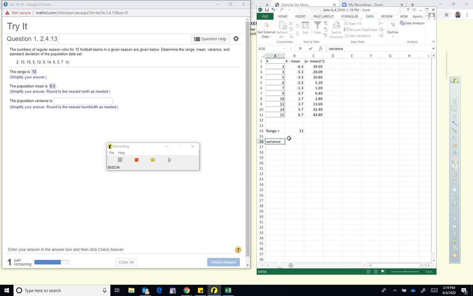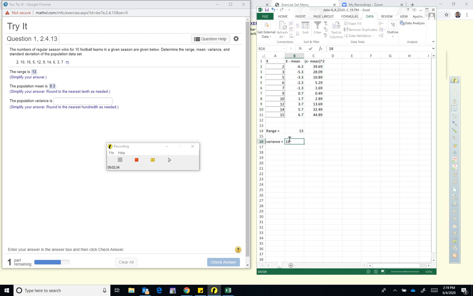So the variance, according to the formula, is the sum of the difference squares, or the squares of the difference, divided by the total number of values in the data set. So this is equals to, again, the sum of all the squares difference is 180.1.